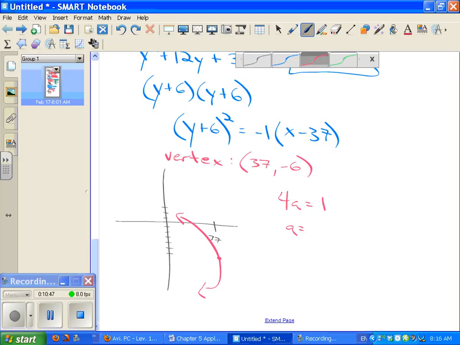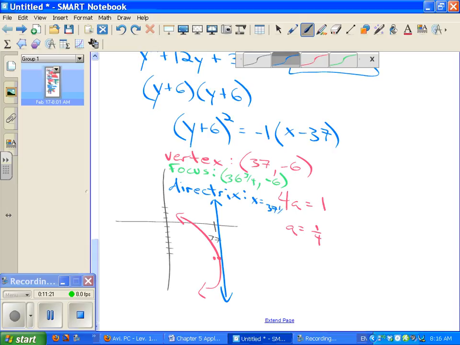This is going to actually give me distance, so I want the distance to be positive. All right, so it's going to be 1/4 in this direction. So that means it's going to be at 36 3/4, but it's still at -6. Okay, and that means that my directrix then is going to be at x equals 37 1/4.